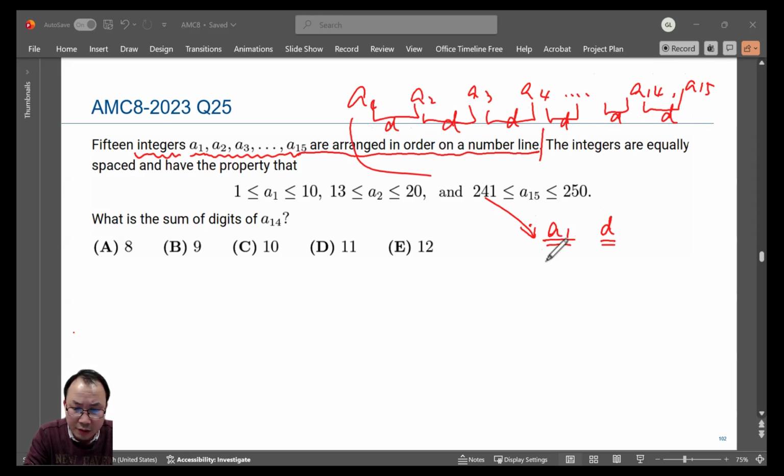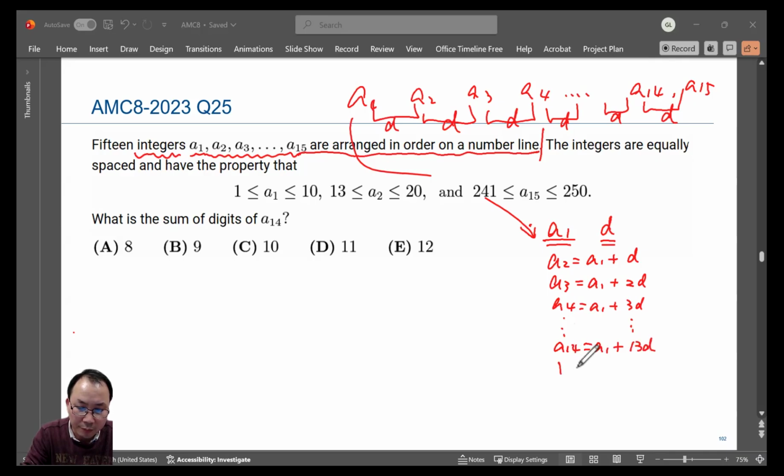Based on arithmetic series, A2 equals A1 plus D, right? A3 equals A1 plus 2D, A4 equals A1 plus 3D. Going down, A14 will be A1 plus 13D, and A15 is A1 plus 14D.